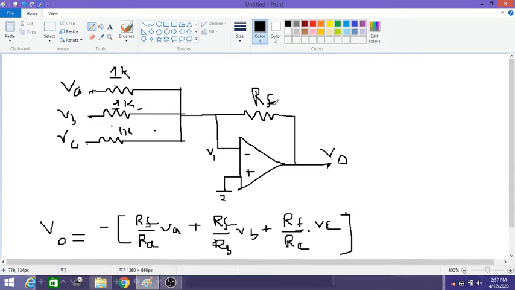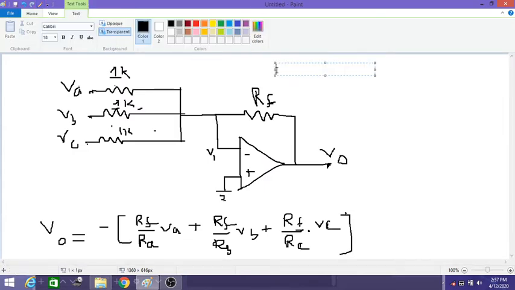Here we have to find the value of RF, and the inputs are not given. The question says that the output of the circuit must be equal to 2 times the negative sum of inputs.